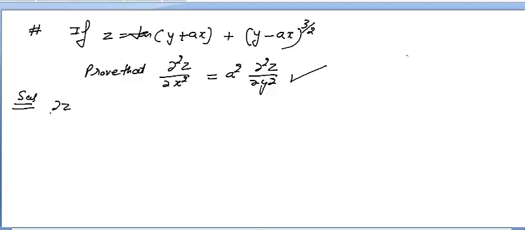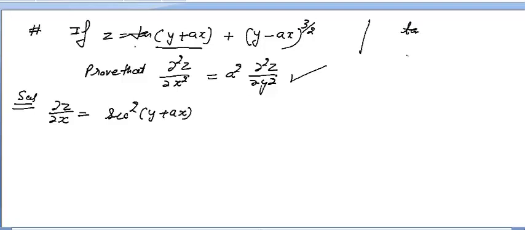Curl z by curl x. Now the derivative of tan of anything is secant square of that thing. You must know the derivative of tan u will be secant square u, and derivative of u again.